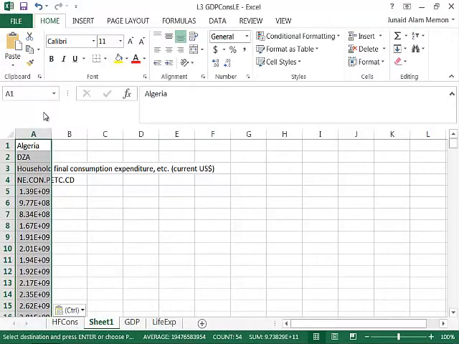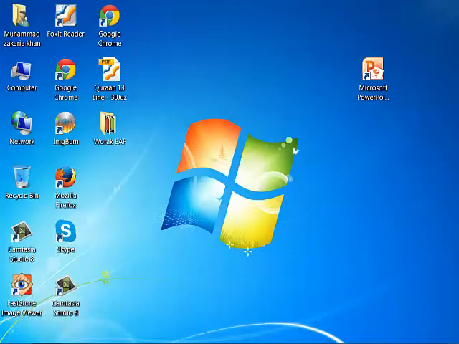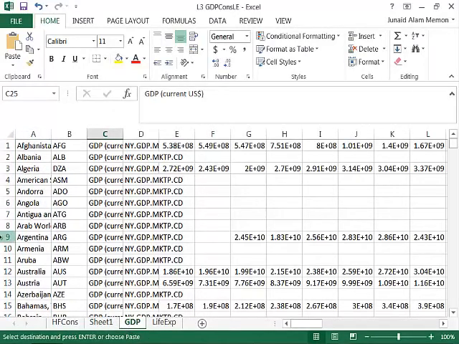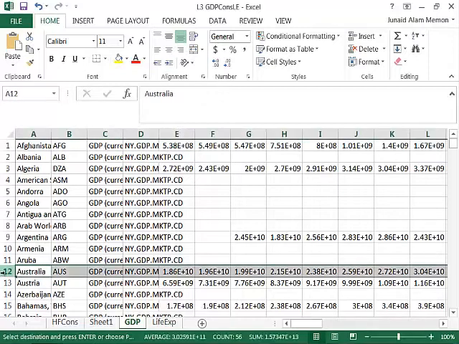This is the Algerian household consumption series. This is the Australian GDP series.